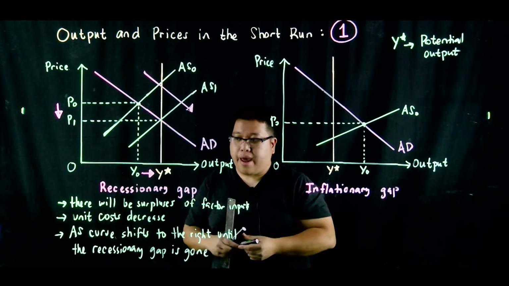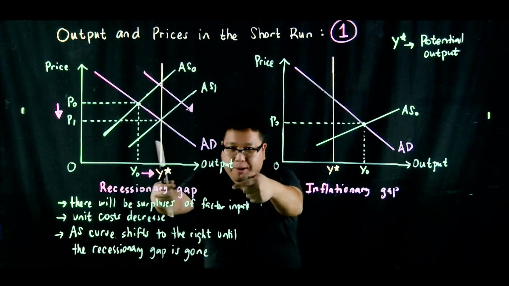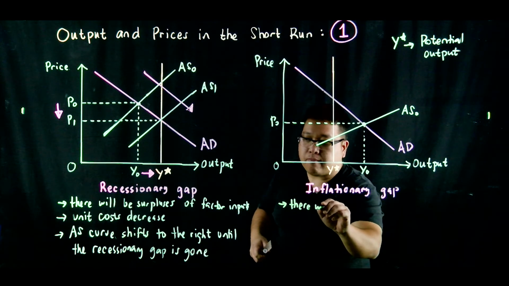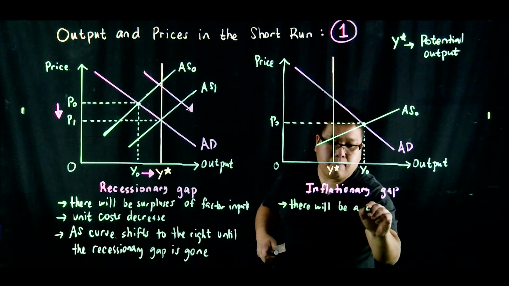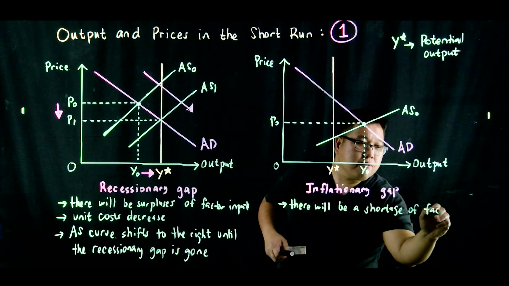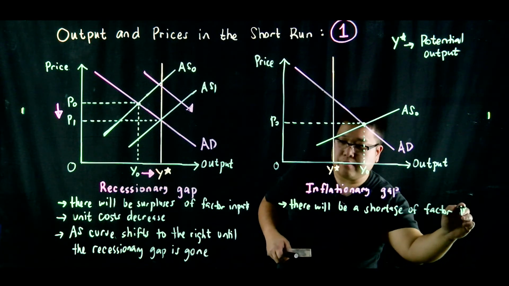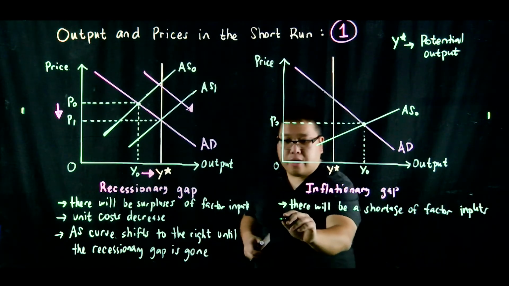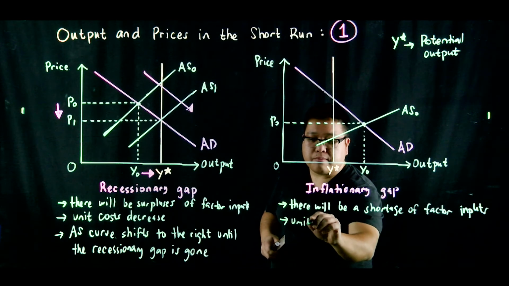In what sense? Well, since the economy is operating beyond its capacity, there will be a shortage of factor inputs. Unit costs increase.